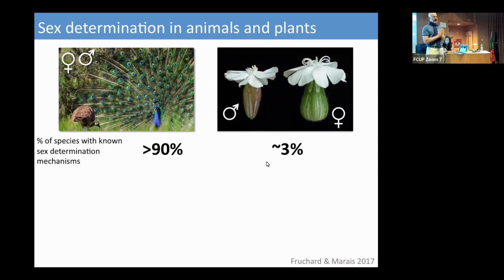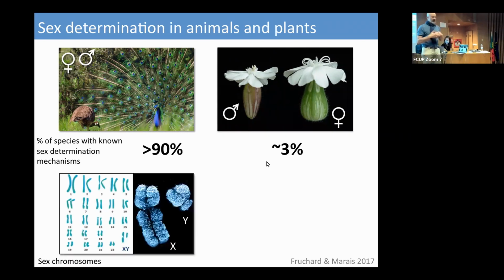Now, if you look at dioecious plants, we have rough information on whether sex determination is genetic or environmental for about 3% of the 15,000 species that I mentioned earlier. So very different situation. In animals, the most common way of determining sex is through sex chromosomes.